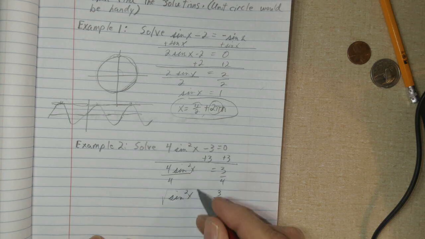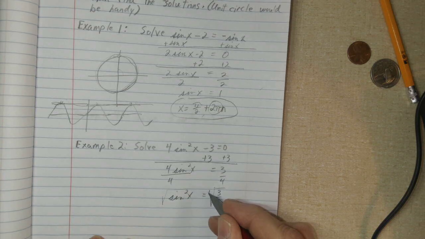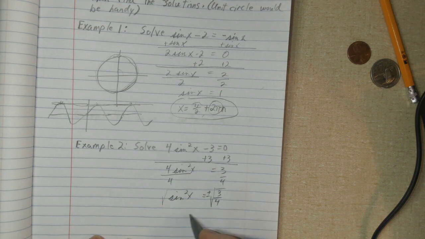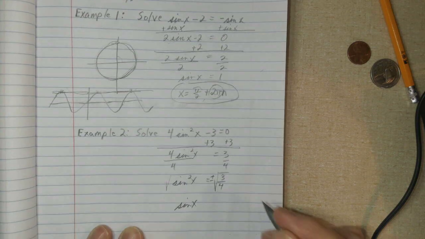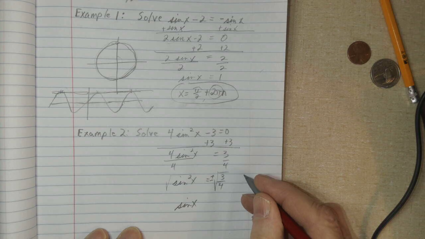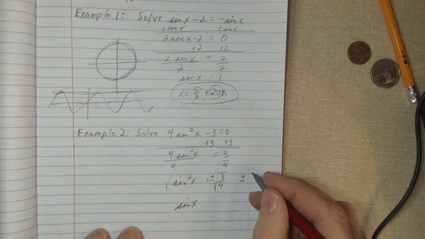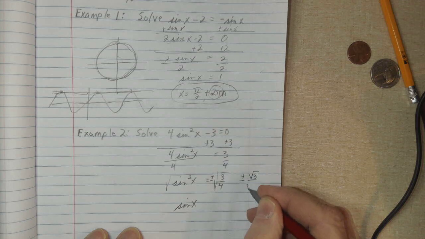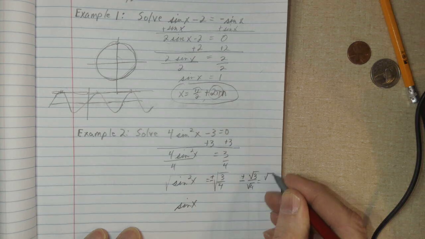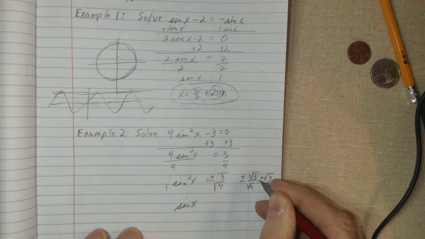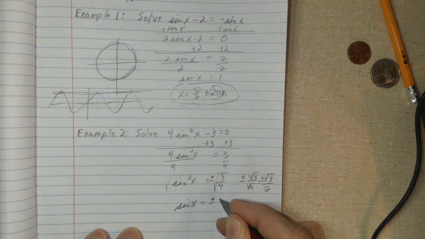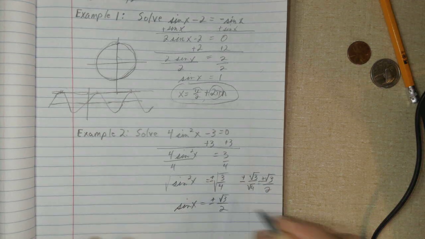And I'm going to take the square root of both sides, but when I take the square root, I get a positive square root and a negative square root. So that gives me sine of x, and then I've got plus or minus, and then it's the square root of 3 over the square root of 4, which is radical 3 over 2. Sine of x equals plus or minus the square root of 3 over 2.